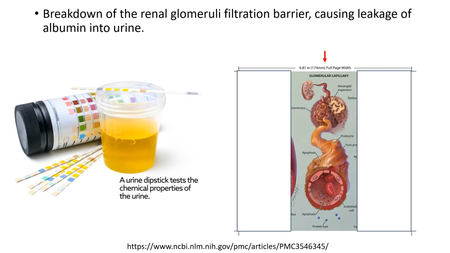So if we have this microangiopathy, we have these capillaries rupturing and becoming leaky, we can have proteins end up being present in the urine. A specific protein is albumin. So again, we can use a point of care test to test for the presence of proteins in the urine also.